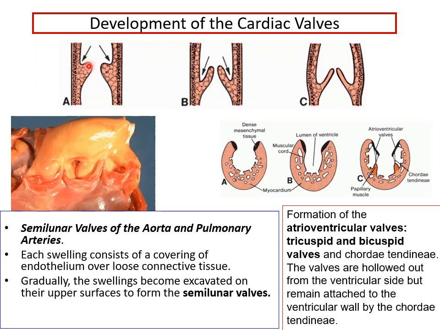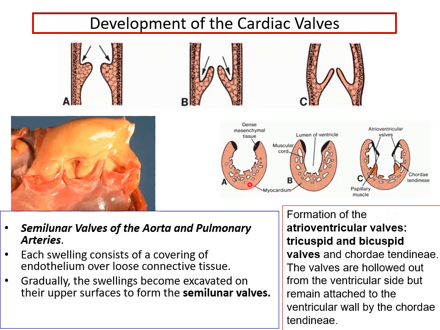On the endocardium, in the endothelial wall of the heart tube or each chamber, swellings develop, like in figure A. What does it consist of? A covering of endothelium with underlying loose connective tissue. Gradually they become thinner, as there is some programmed cell death, and become leaf-like as in C, and they will persist as semilunar valves.